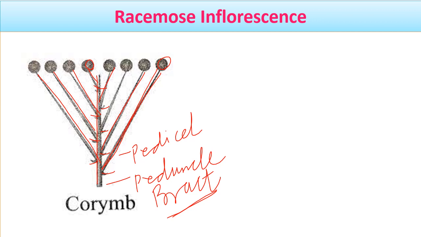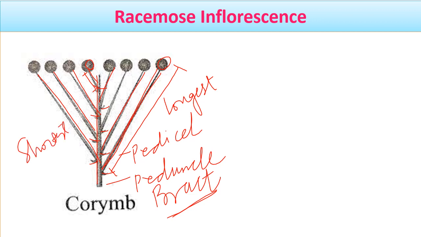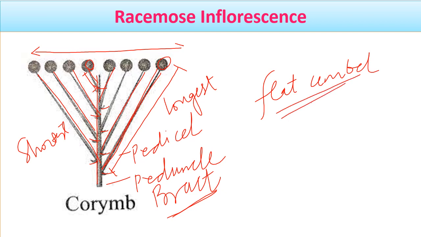Now one thing can be noted here, that the length of the stalk of the oldest flower is longest, and that of the youngest flower is shortest, so they are arranged in one plane, and this is synonymously called flat umbel. But the proper taxonomic term to describe this type of inflorescence is corymb type of inflorescence. So this must be noted.